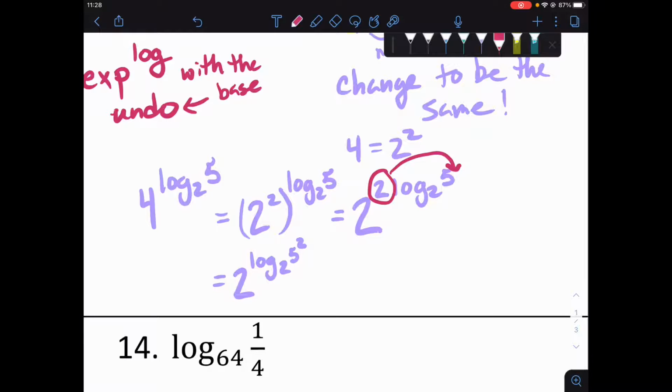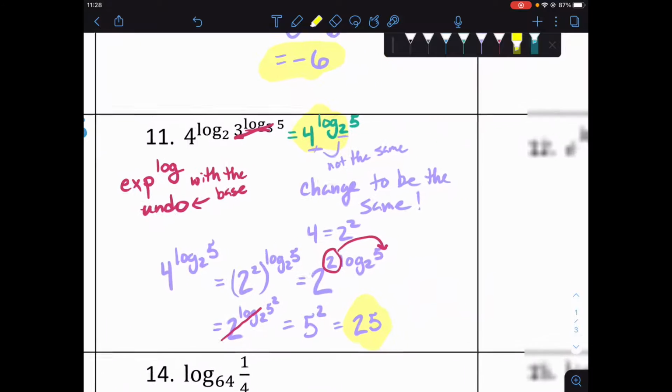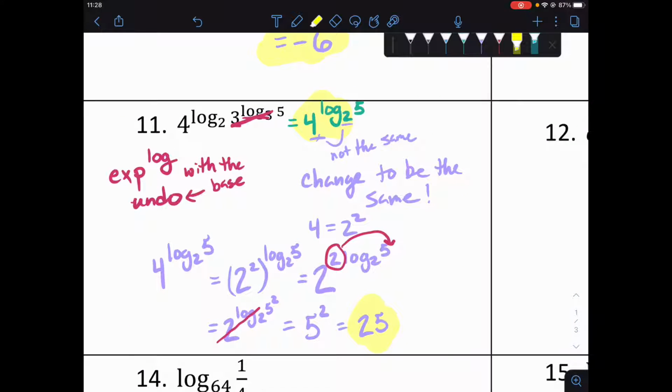Now we have 2 to the log base 2, and these are going to cancel each other out. We're going to end up with 5 squared, or 25. So this one's definitely a little bit tricky, and we're really using the fact that exponents and logs are inverses, or they undo each other.